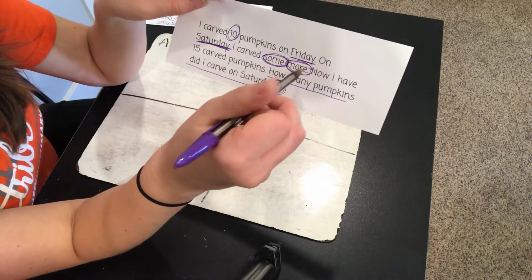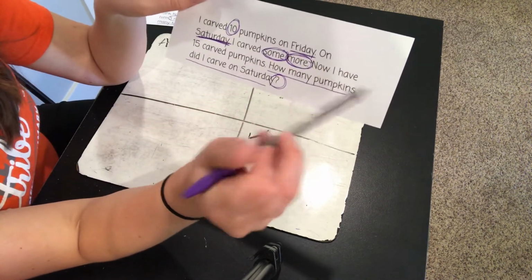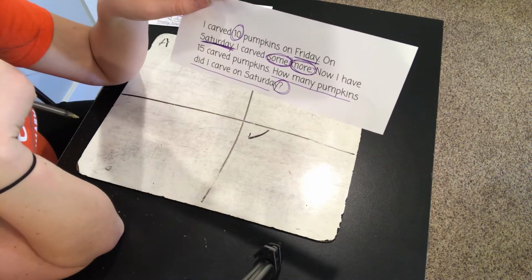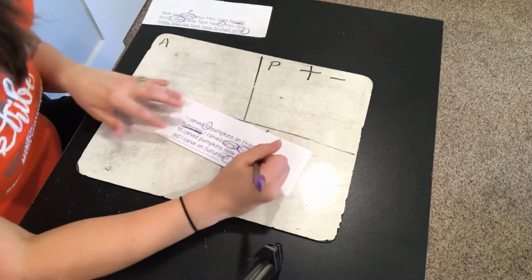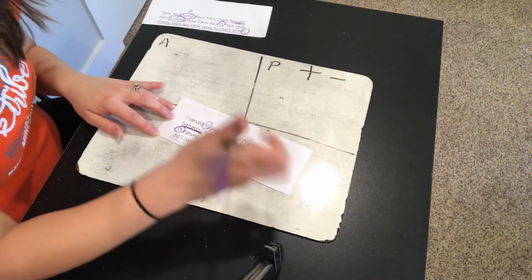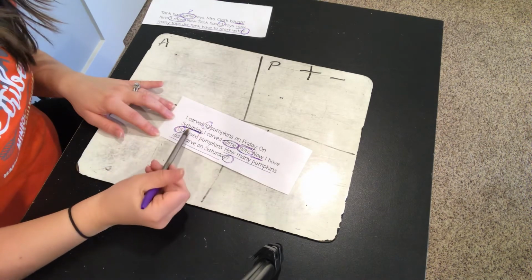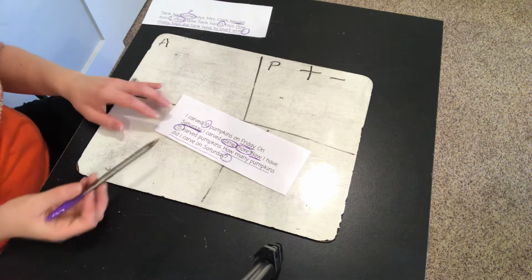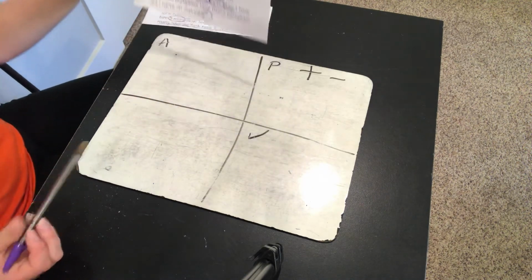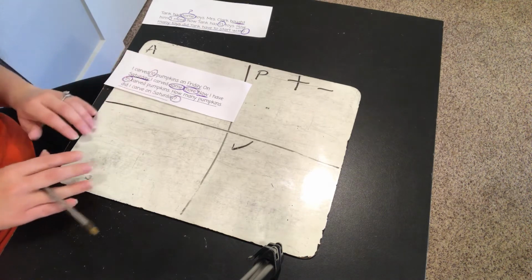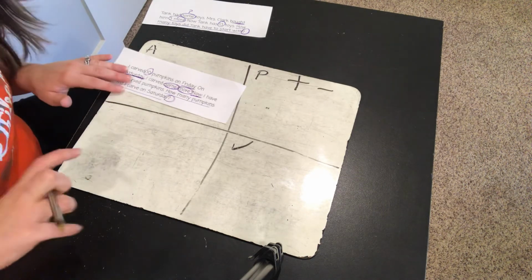I carved some more. Now I have 15 carved pumpkins. What's important there? I think maybe now and 15 are both important. So 10 on Friday, Saturday, some more, now 15. How many did I carve on Saturday? Okay, we've analyzed our problem. Now we're ready to plan.